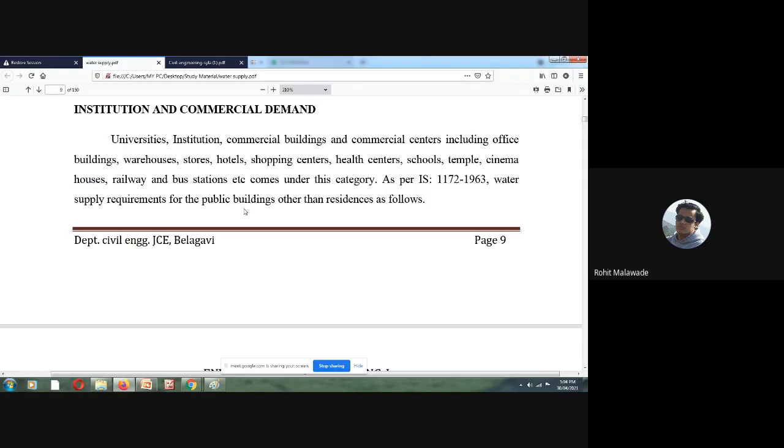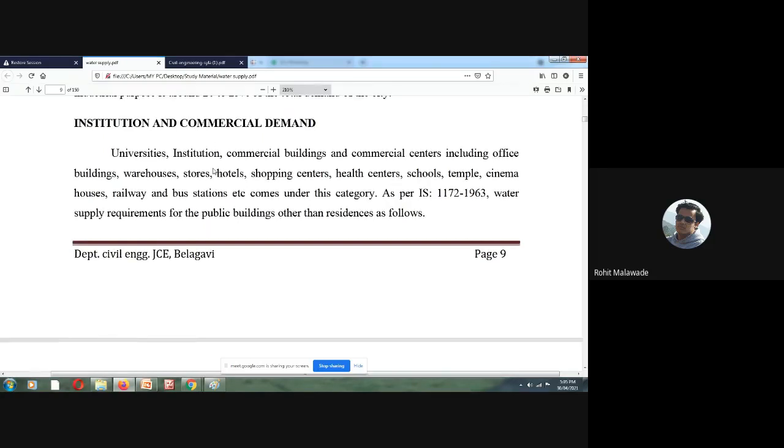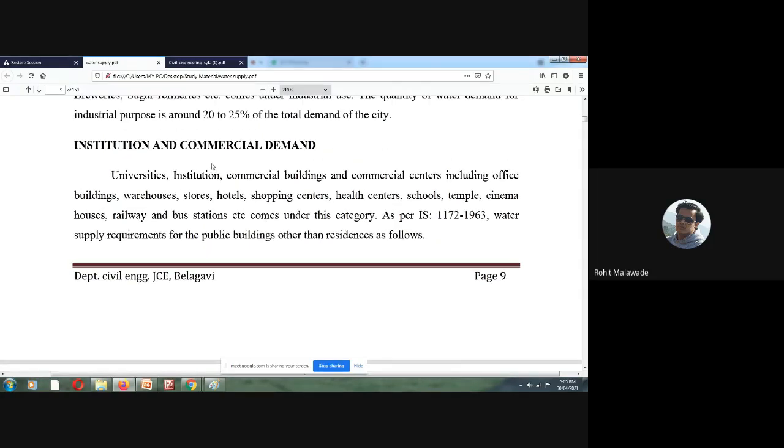Many people will be present in these buildings, so the water requirement will be high, because many people will be using the facilities and the water.